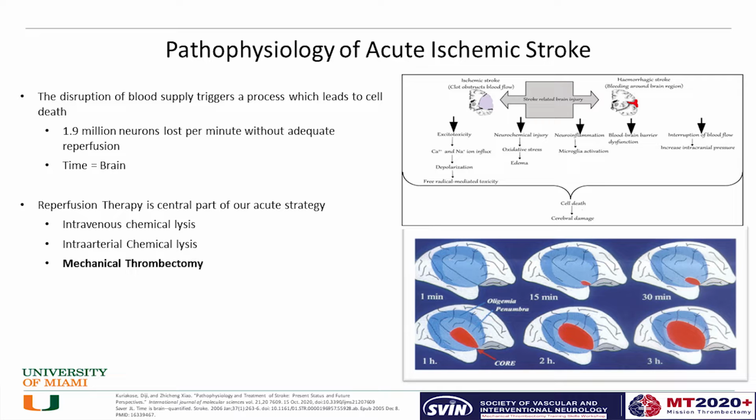There's oxidative stress on the cells and cerebral edema. There is ultimately microglial activation, neuroinflammation with further breakdown of the blood-brain barrier, and then ultimately further cell death, which leads into this vicious cycle.